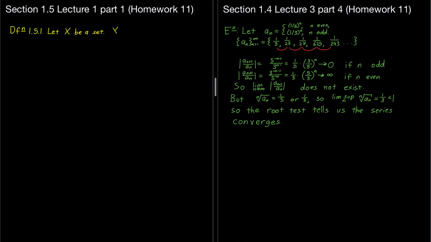Then X is countable if there is a set A of natural numbers, not necessarily all of them, but some set of natural numbers, and a bijection, that is a one-to-one and onto function, phi from A to X. So it's countable if there's a bijection from a set of natural numbers onto X, and it is uncountable otherwise.